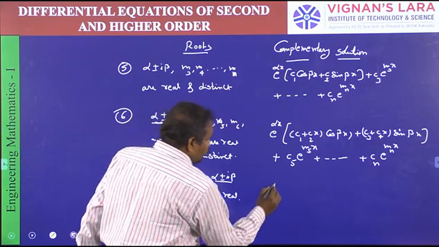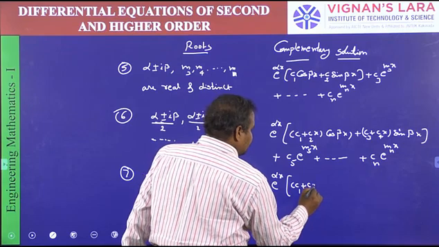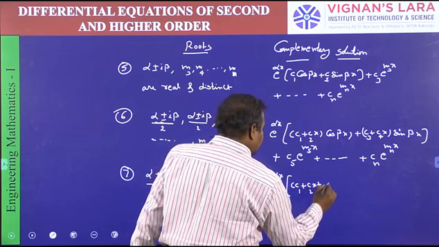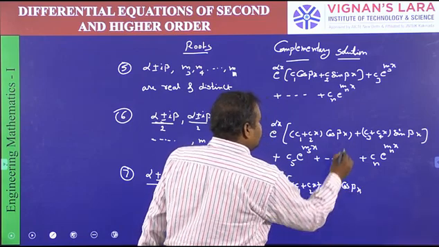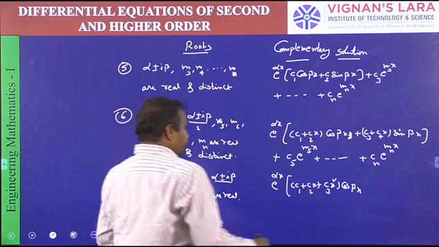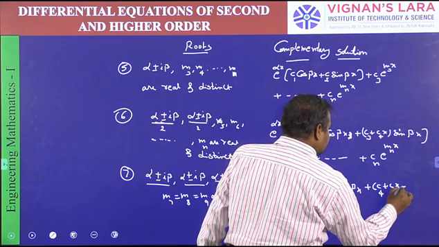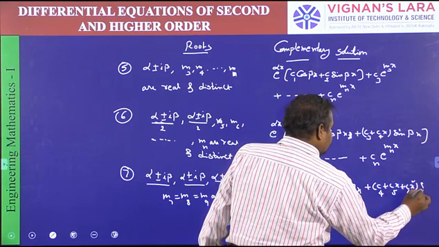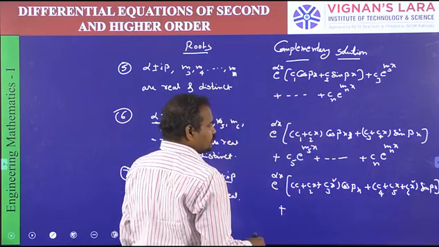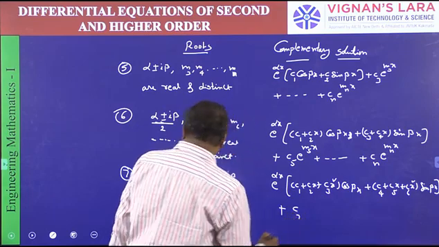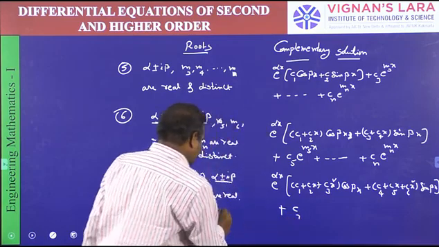So for this first one, e^(alpha x) [(c1 + c2x + c3x²) cos beta x, because of that it repeated, plus (c4 + c5x + c6x²) sin beta x] plus, c7, c8, c9, three are real and equal roots.